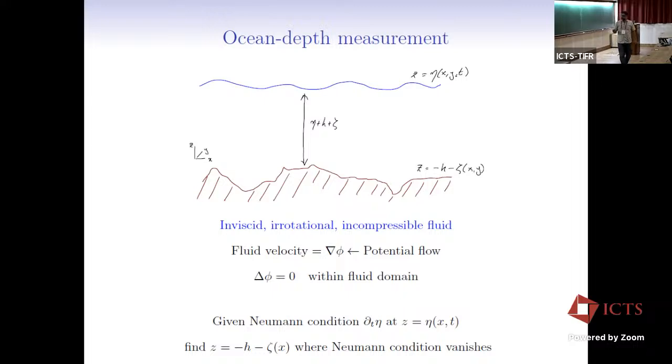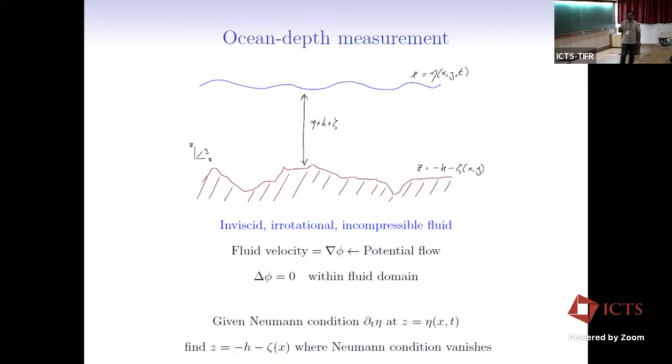Okay? So rephrasing what we have: given the Neumann condition on the free surface, given eta t at eta, find where the Neumann condition vanishes. That's the rephrasing of the problem.